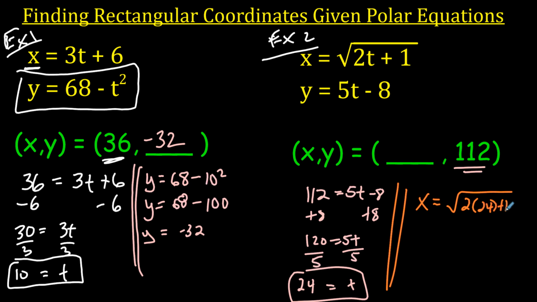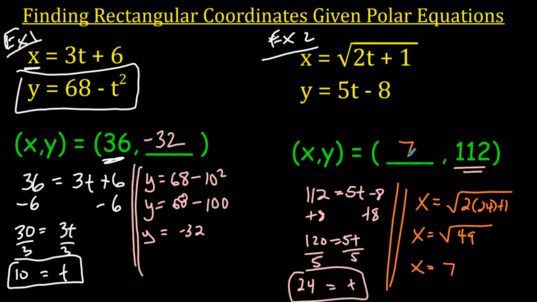We figured out that t is 24, and that's when y is 112. So 2 times 24 is 48, 48 plus 1 is 49, and the square root of 49 is 7. So when y is 112 for these parametric equations, the x is going to be 7.